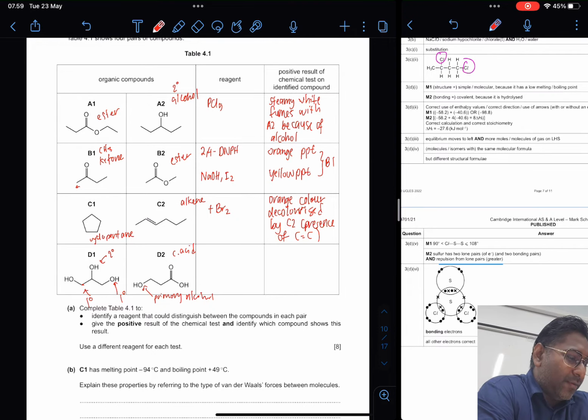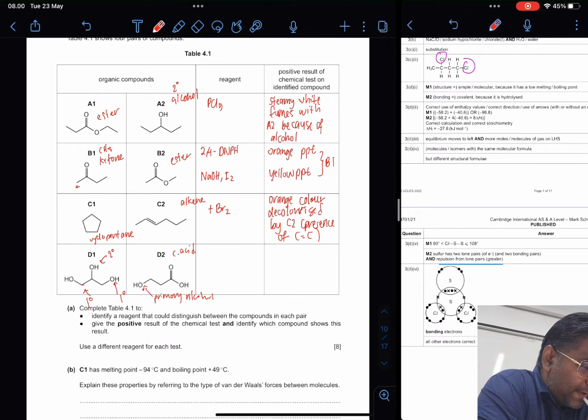So if you react with sodium hydroxide, acid will react with sodium hydroxide to give you salt and water. Positive results, salt and water. Water is produced. Is there other things that are more visible? Let's see.